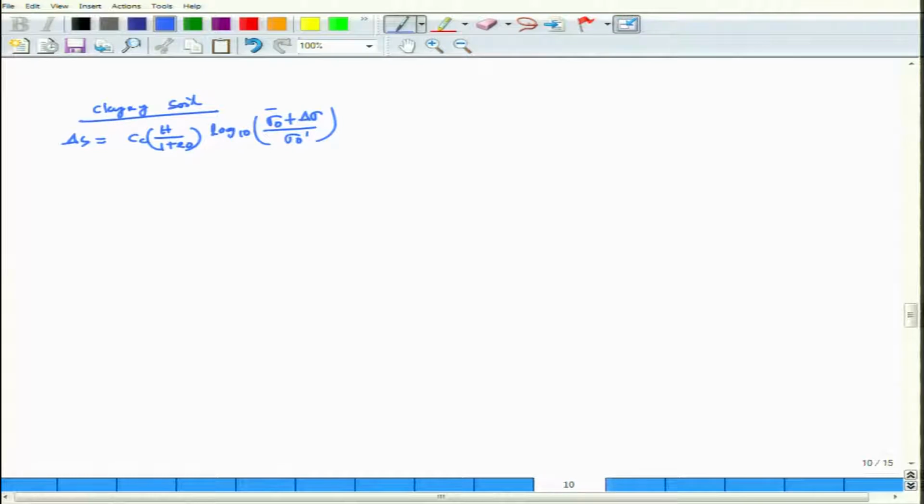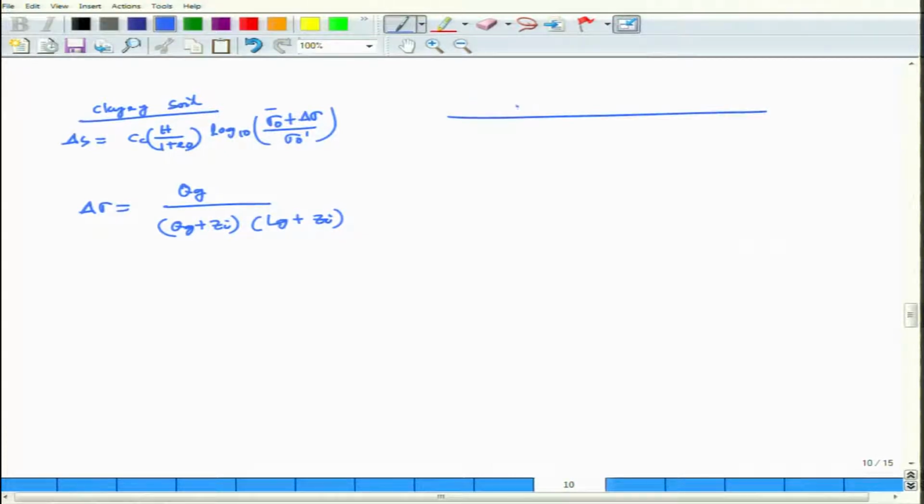This is the consolidation settlement. Then compression index you can find, and increase in stress you can also find by means of the 2:1 method. How are you going to find the increase in stress? Delta sigma is equal to Qg divided by Qg plus Zi into Lg plus Zi up to that depth.